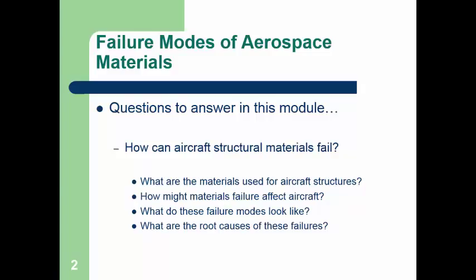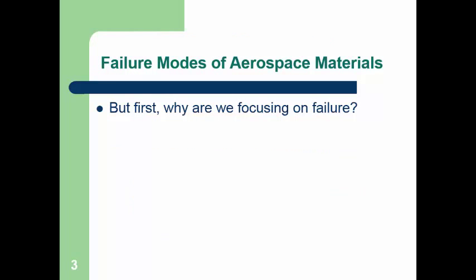In any event, it's also fairly graphic, and it's easy to visualize, and I think it helps put the theory of machine design into context. So this goes through and talks about different failure modes. Why are we focusing on failure?